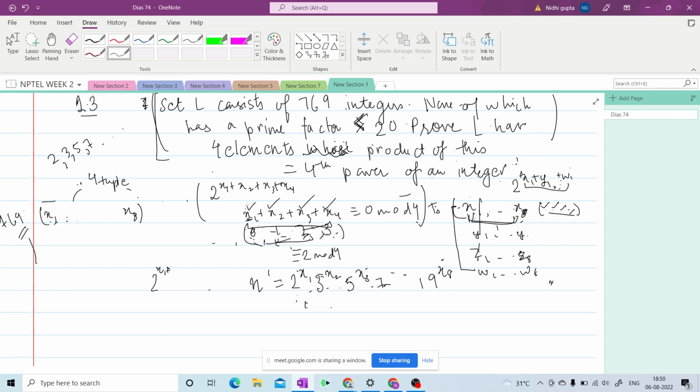If it is an even number, basically you have 2n1 plus 2n2 plus 2n3 plus 2n4, which is 2 times n1 plus n2 plus n3 plus n4.